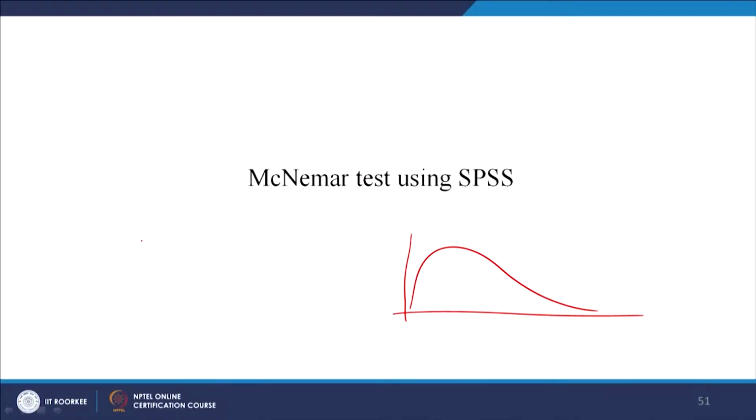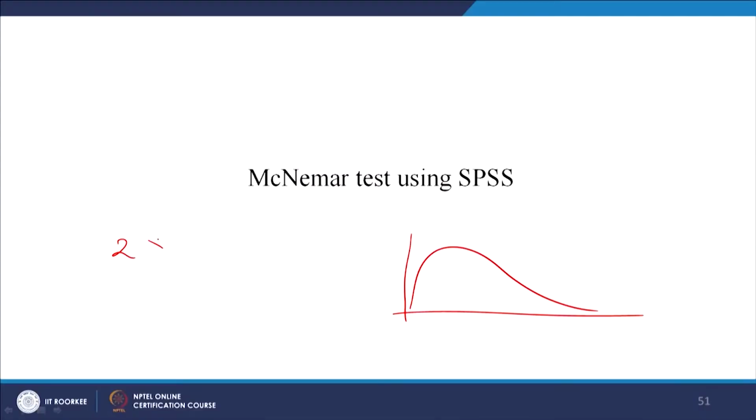The difference is that a chi-square test can be done between more than 2 variables, let us say, and the variables will be nominal obviously. So, we can conduct a 2 cross 4, a 3 cross 4.